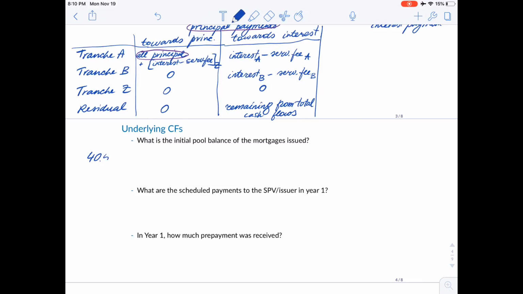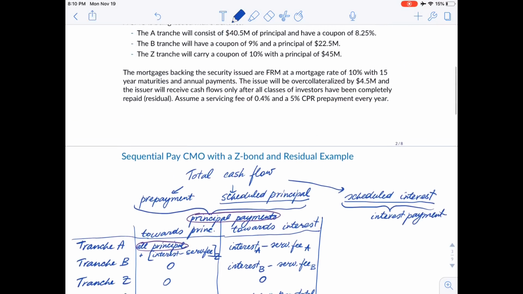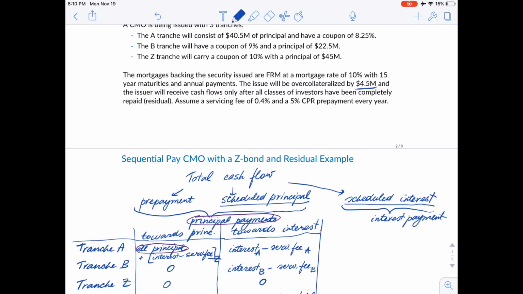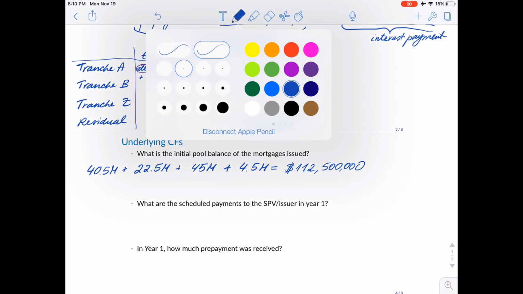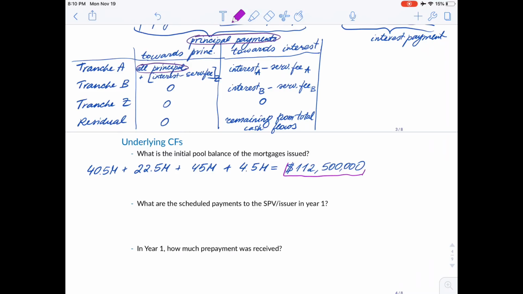So 40.5 million plus 22.5 on B plus 45 million on Z. And then we also know that this pool is over collateralized by $4.5 million. So that is again the principal that the issuer put in on their own. So the total comes out to be $112 million and 500,000. So that is the answer for this question.